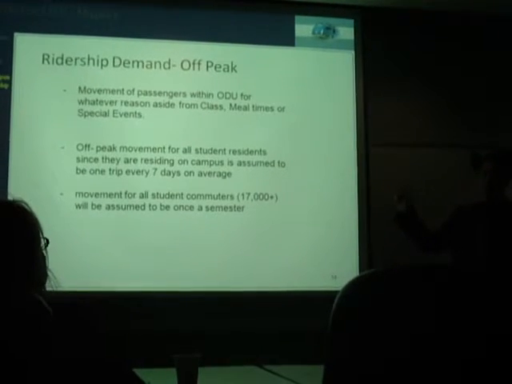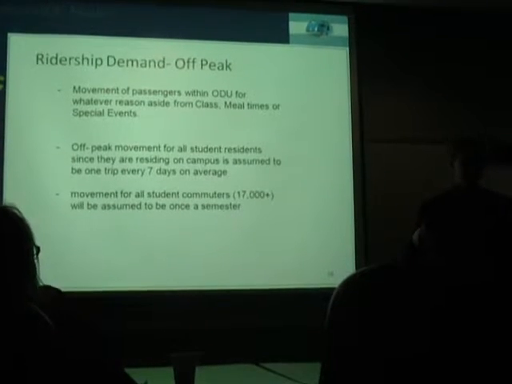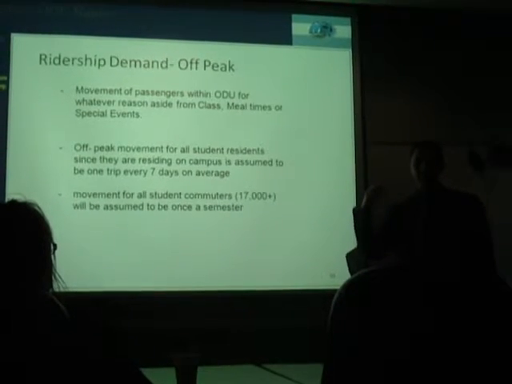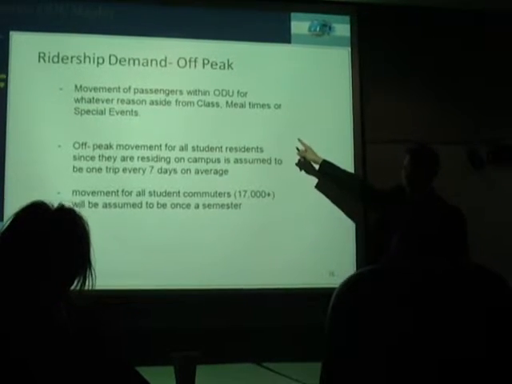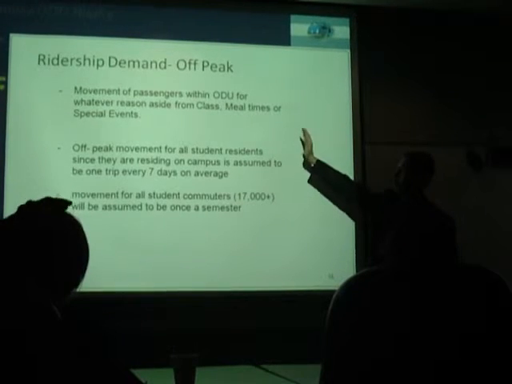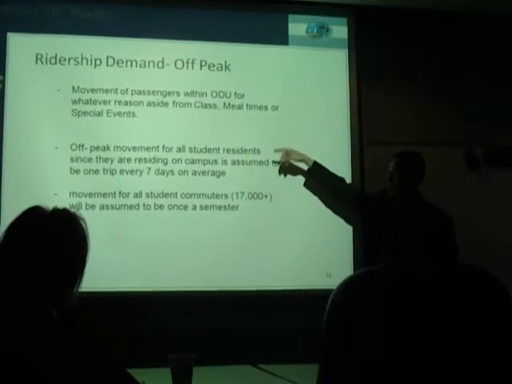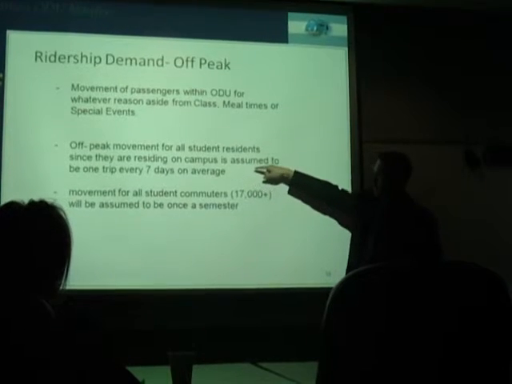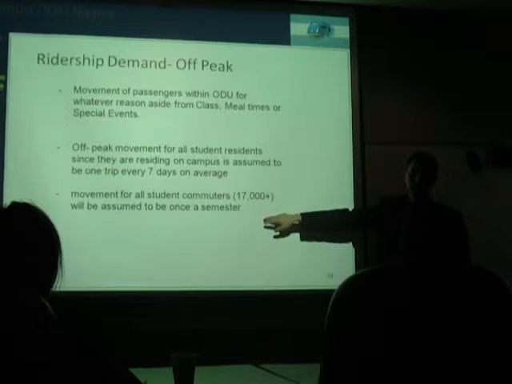Finally, for one more thing about ridership demand, for off-peak, I discussed already the class, the special events, and mealtimes. But for off-peak, this is movement which is separate from the first 3 events that I mentioned. There are 2 categories, as I said: student residents and student commuters.